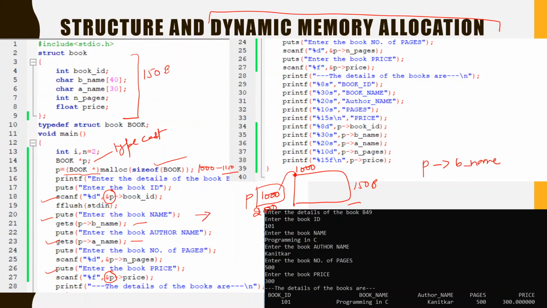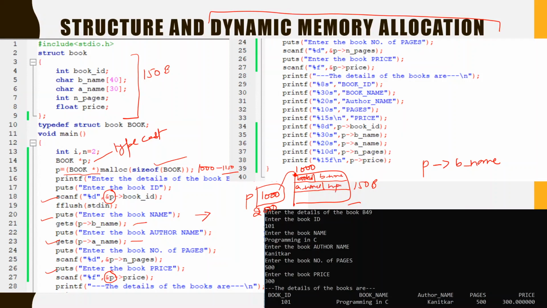So this means this block of 150 bytes is subdivided into blocks that are the member variables. The first can be book ID. The second sub block can be the book name. The third sub block can be the author name.